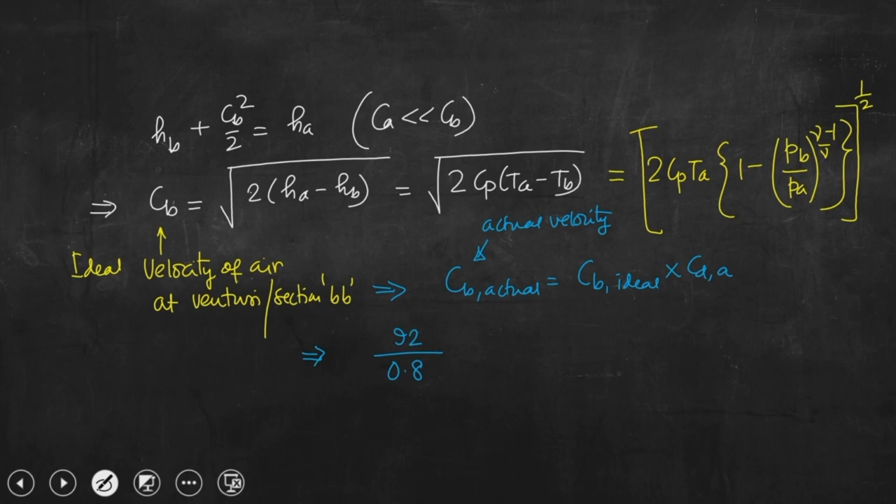If I divide by Cda, 92 divided by 0.8, that is equal to Cb ideal, and that is 2 into 1.005 into 300, into 10 cube, into 1 minus Pb by Pa power gamma minus 1 upon gamma, where this is gamma. So, this is the expression.